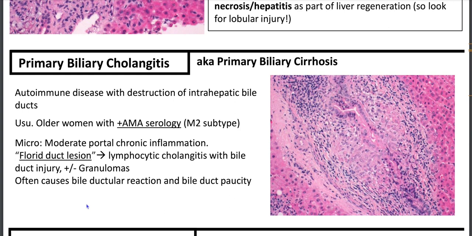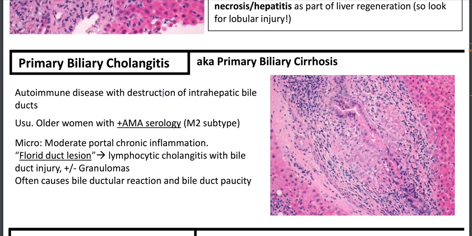Primary biliary cholangitis, which formerly was called primary biliary cirrhosis. They changed it because in PBC the end stage is cirrhosis, but not necessarily if you're well treated. And in early PBC, you might not get cirrhosis. This is an autoimmune disease with destruction of intrahepatic bile ducts, usually in older women with positive AMA serology, the M2 subtype.